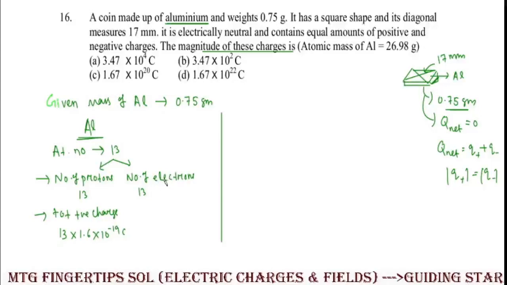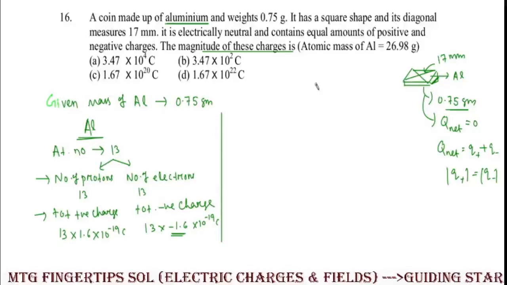Similarly, there are 13 electrons in a single aluminum atom, so the total negative charge will be 13 into negative 1.6 into 10 to the power minus 19 coulomb. Clear? We take positive and negative signs here because we are differentiating that this is positive charge and this is negative charge. That's why we have taken negative 1.6 into 10 to the minus 19 coulomb.